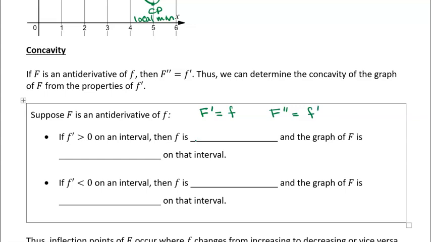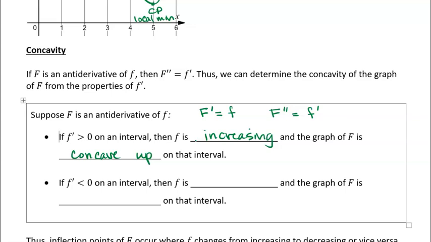So if f is greater than 0 on an interval, that means capital F is increasing, and the graph of capital F is concave up on that interval, okay? Because the derivative of the derivative is the second derivative.